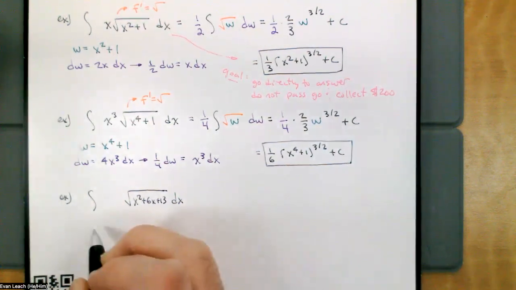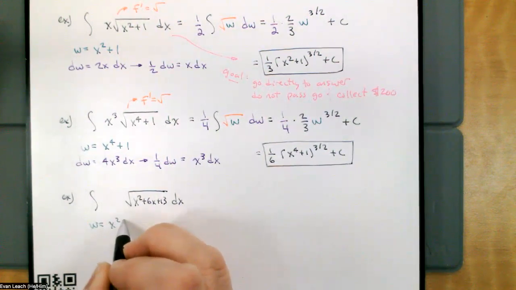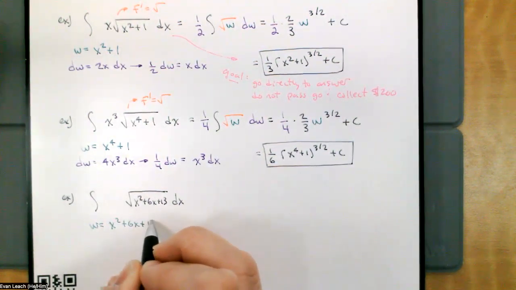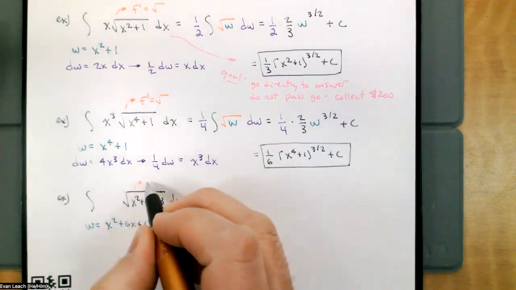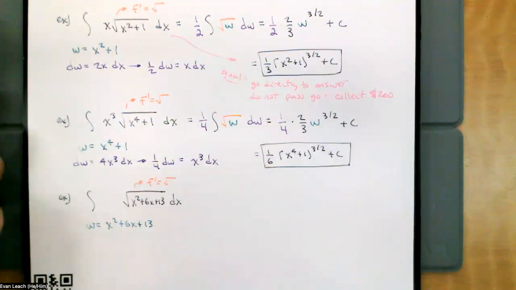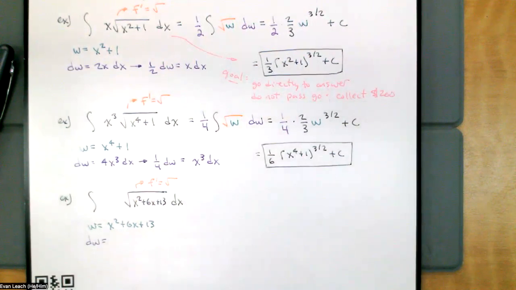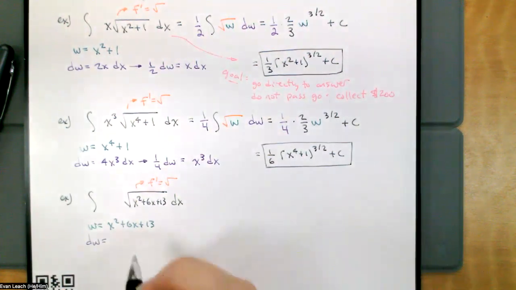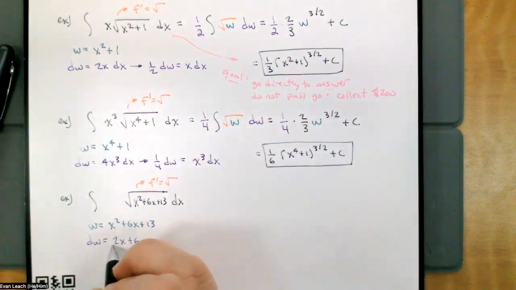I'm trying to set this up where w is equal to x squared plus 6x plus 13. And so our f prime, the thing that we're actually integrating, is a square root function. So what do I need for a dw? 2x plus 6. My dw is 2x plus 6.